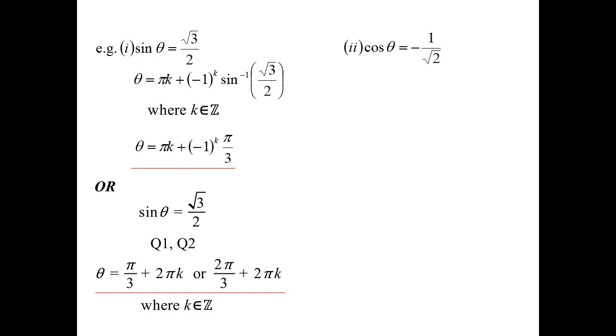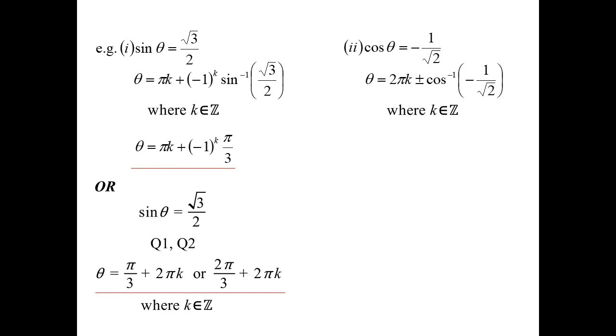All right, well, let's try this one then. Cos theta is minus 1 on root 2. So let's use the formal one first. I'd go, well, it's 2 pi k plus or minus the inverse cos of minus 1 on root 2. Now remember, we're playing with the inverse cos function here. Inverse cos could only give me acute or obtuse angles as an answer.